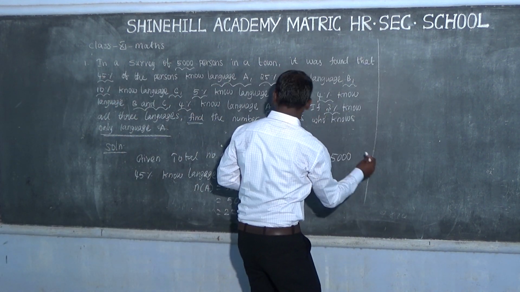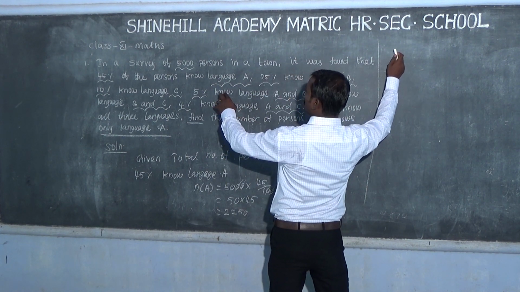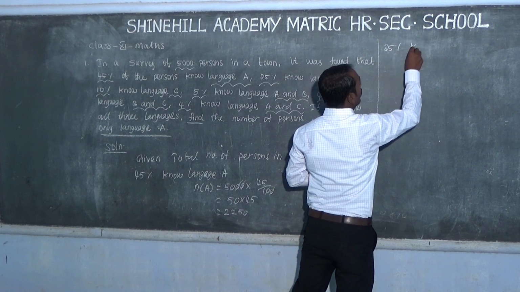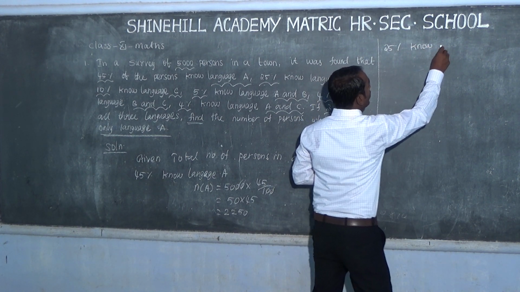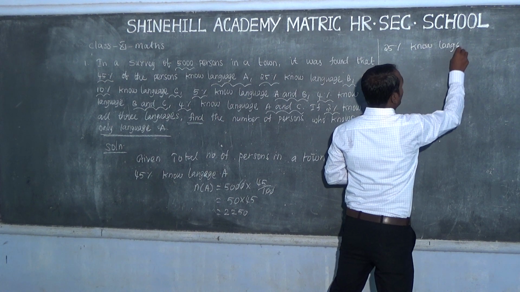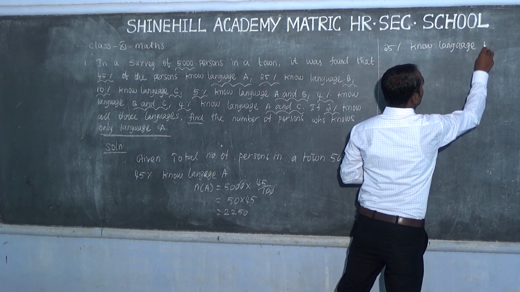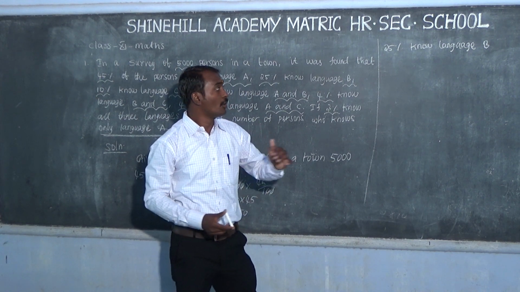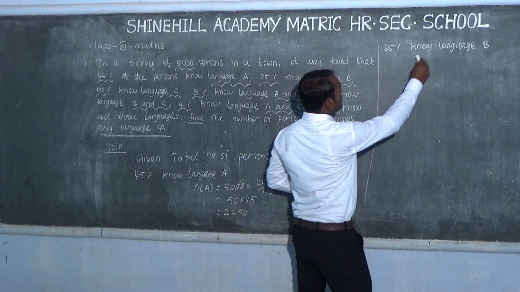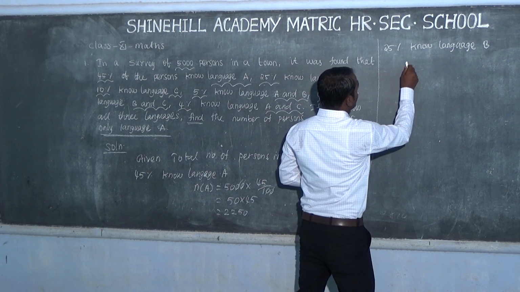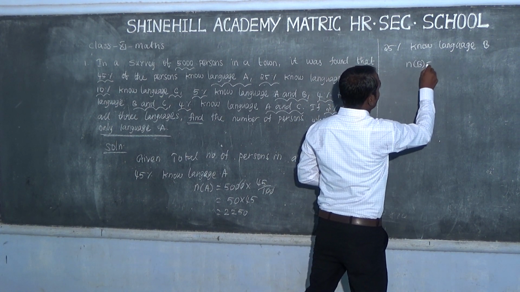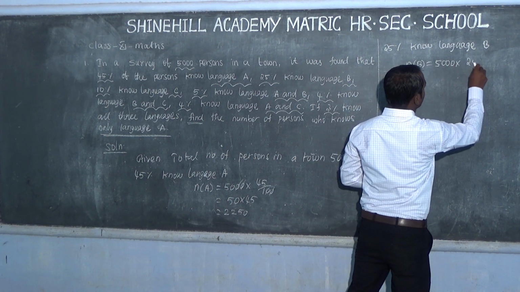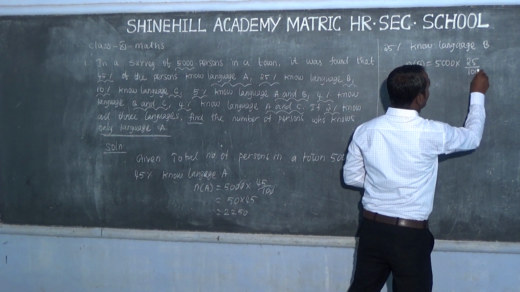Then they ask another value: 25% know language B. So n(B) is equal to 5,000 into 25 by 100.